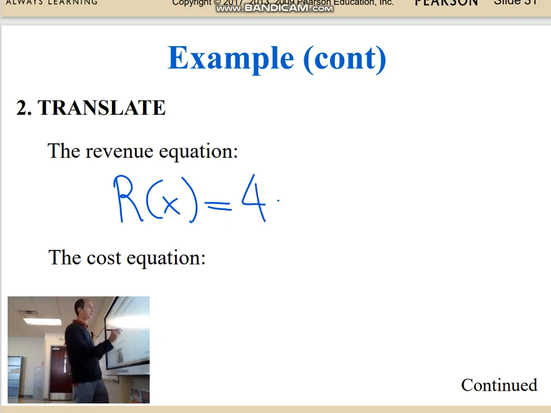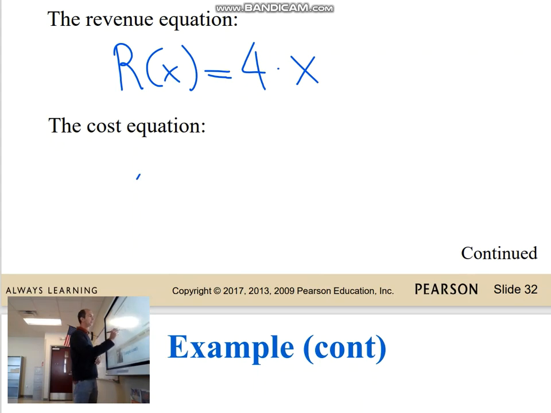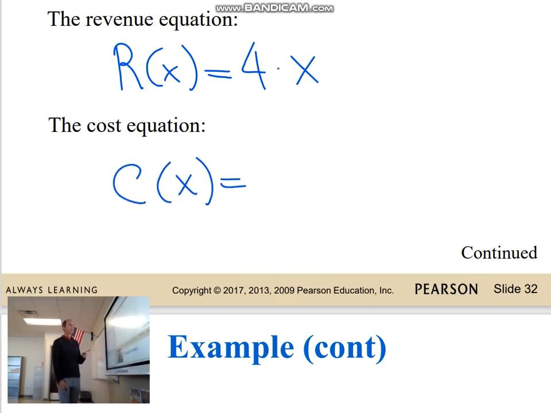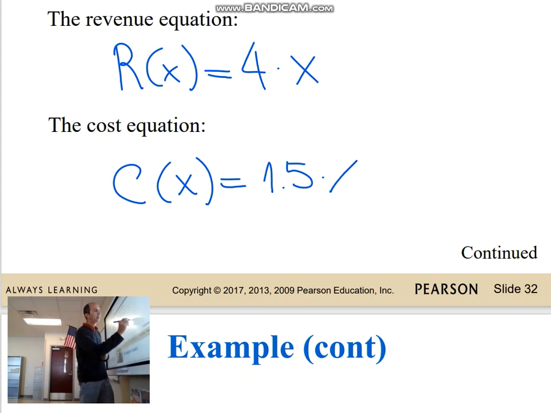So the revenue is going to be $4 for each package, or 4 times X. The cost, and the cost we need to take into account the money that we spend to produce each package, which is 1.50, times X.